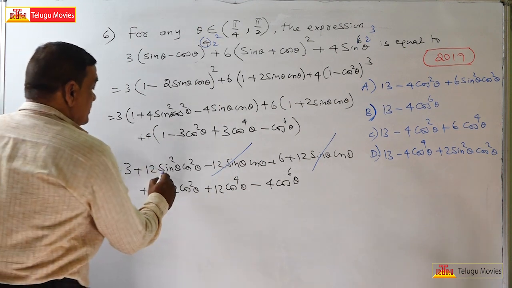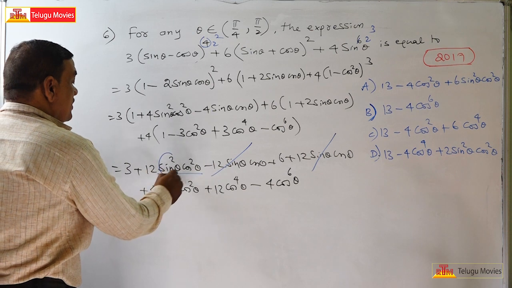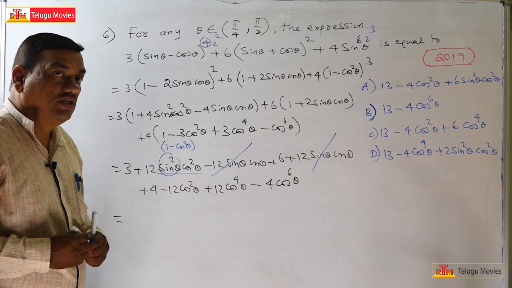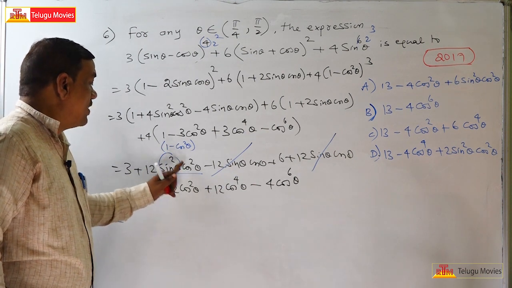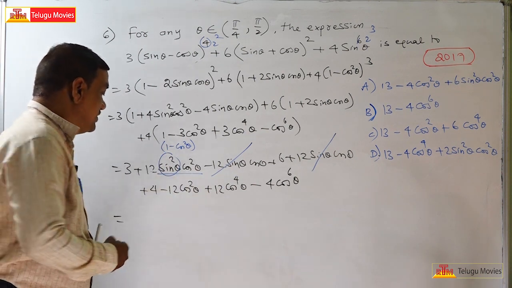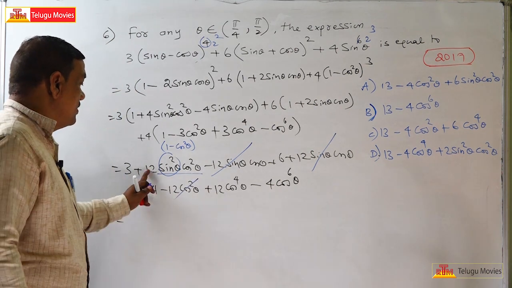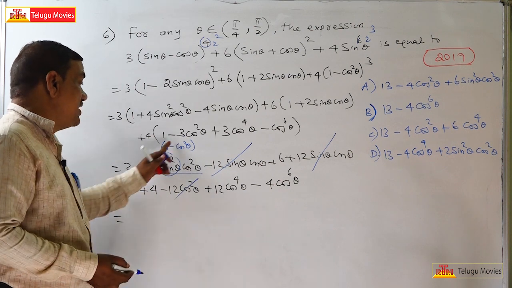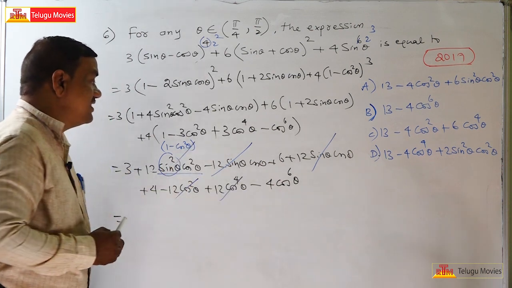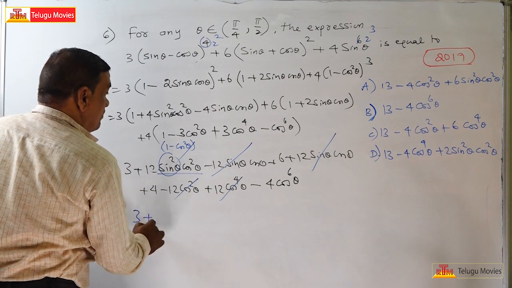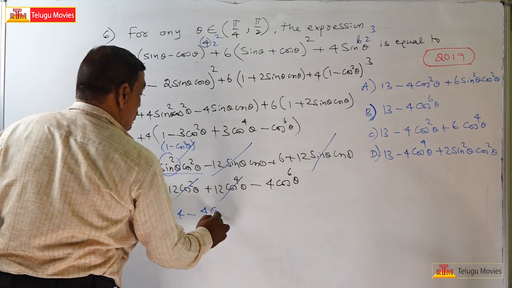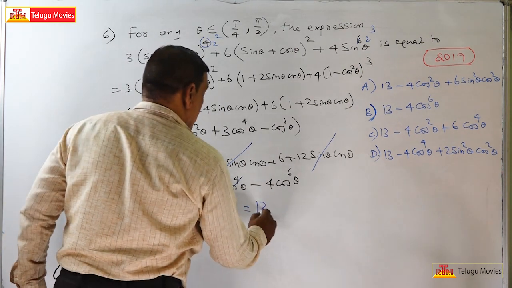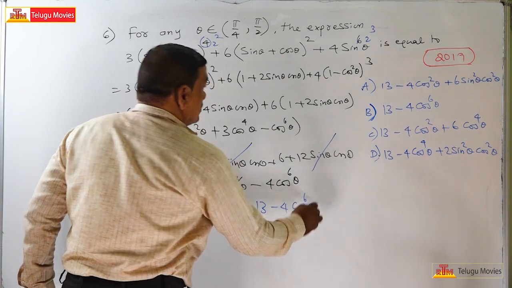So in this sin square theta, let us put 1 minus cos square theta. 1 minus cos square theta, what happens? 12 into 1 plus 12 cos square theta, this is a minus 12 cos square theta. This is a minus 12 cos square theta, cos power 4 theta. Minus 12 cos 4 theta plus 12 cos 4 theta will cancel. Ultimately what remains? 3 plus 6 plus 4 minus 4 into cos power 6 theta. 3 plus 6 plus 4 is 13. 13 minus 4 cos power 6 theta.